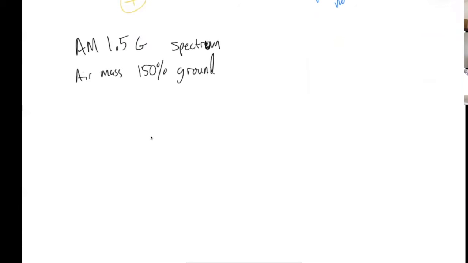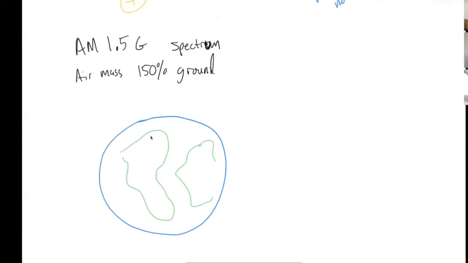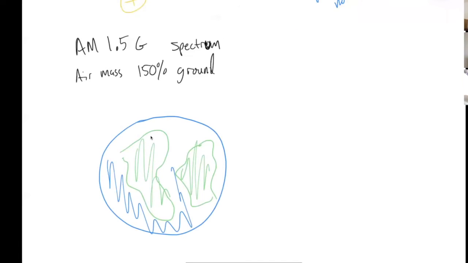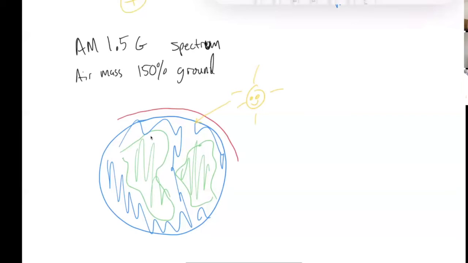It means that if you have the Earth and the continents here, the Earth has an atmosphere that is however thick, and then the sun will shine light, and at the angle where the sunlight goes through 1.5 times the thickness of the atmosphere.